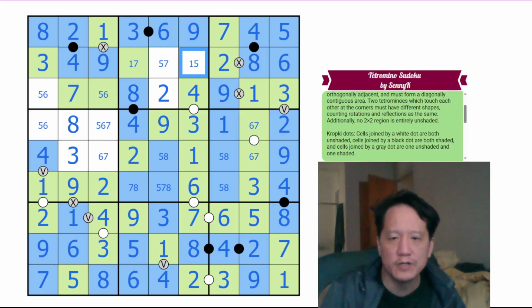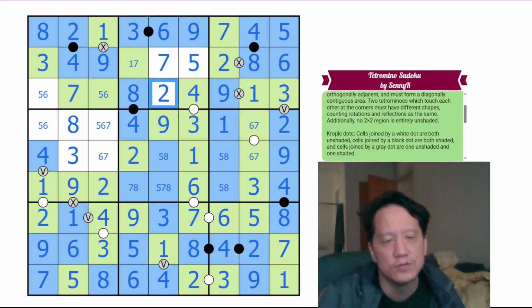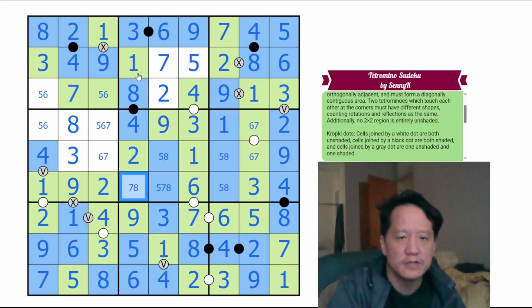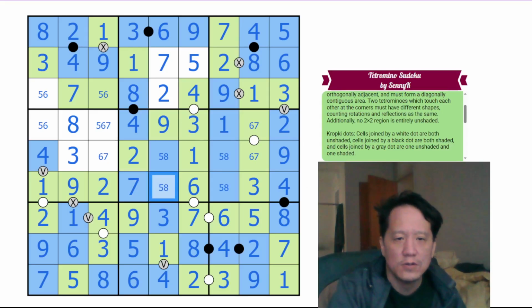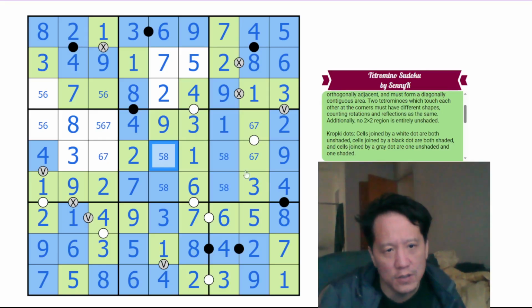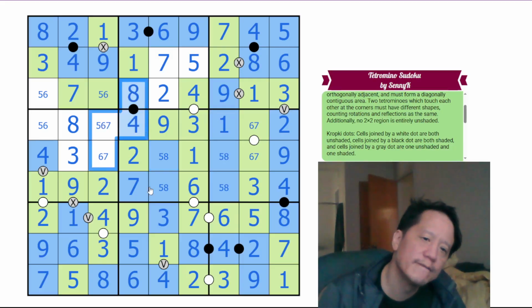One eliminates 1 here, so this is 5, which makes this 7. That makes this 2. That makes this 1. 8 eliminates 8 here, so it's 7, which eliminates 7 here. That doesn't work.